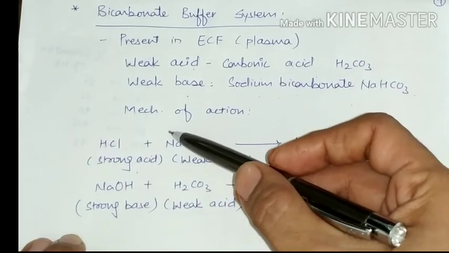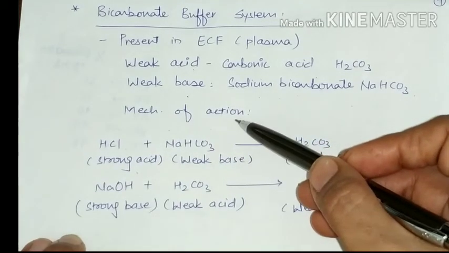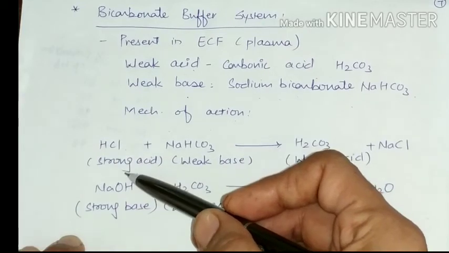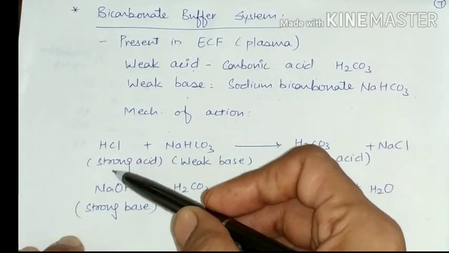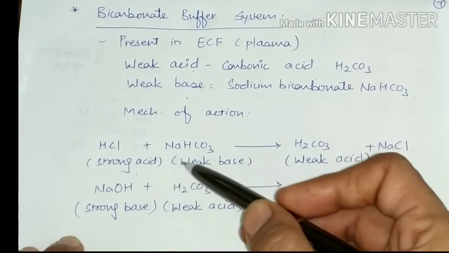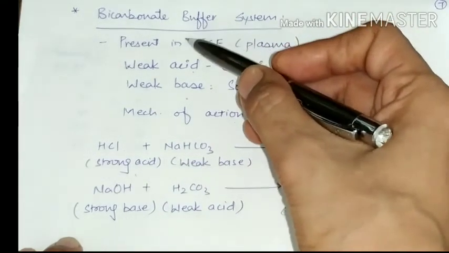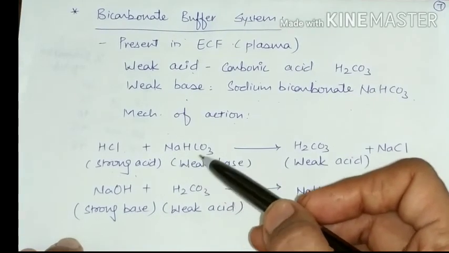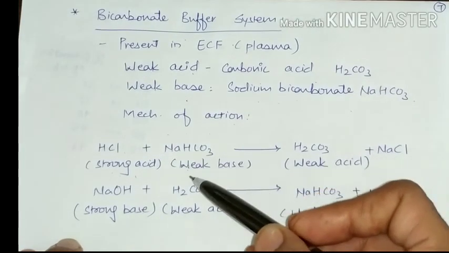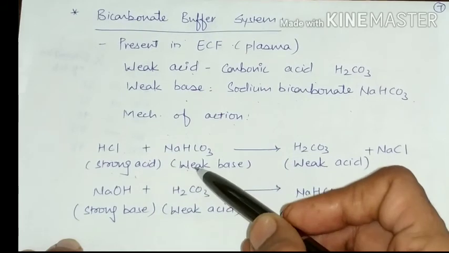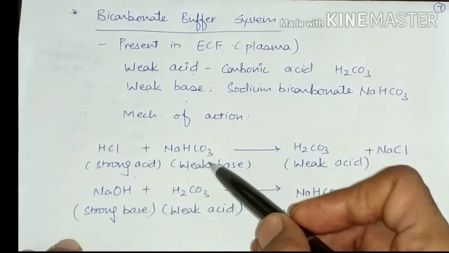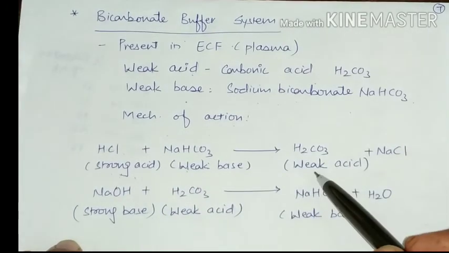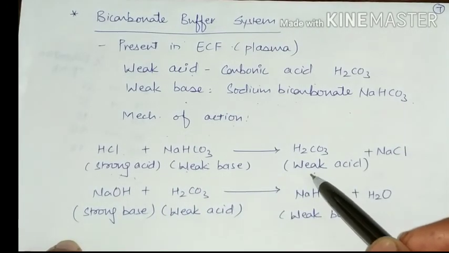What is the mechanism of action of the bicarbonate buffer system? Whenever any strong acid, for example hydrochloric acid, is added in our body fluid, it combines with the weak base of the bicarbonate buffer system, that is sodium bicarbonate, and the strong acid is converted into a weak acid, that is carbonic acid.